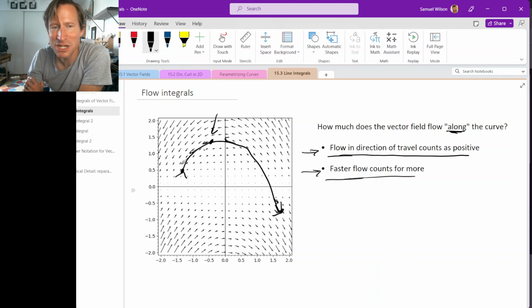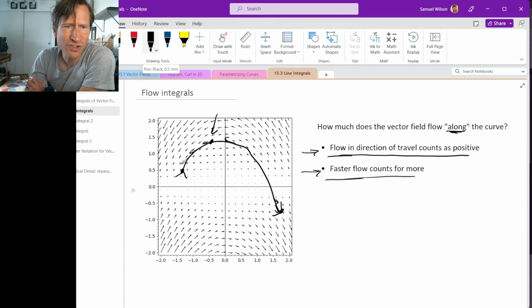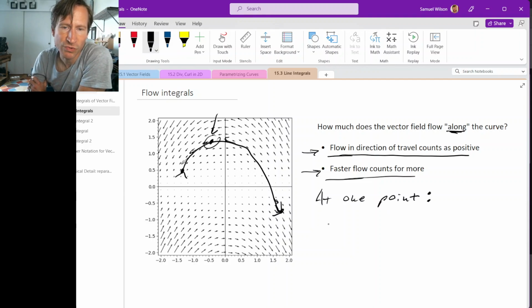Of course, if we can measure how much the vector field is flowing with us or against us at a single point, then we can just do a line integral to add up the total. So let's focus on just a single point. We have a vector field at that one point, and we need to be able to measure whether it's flowing with us or against us.